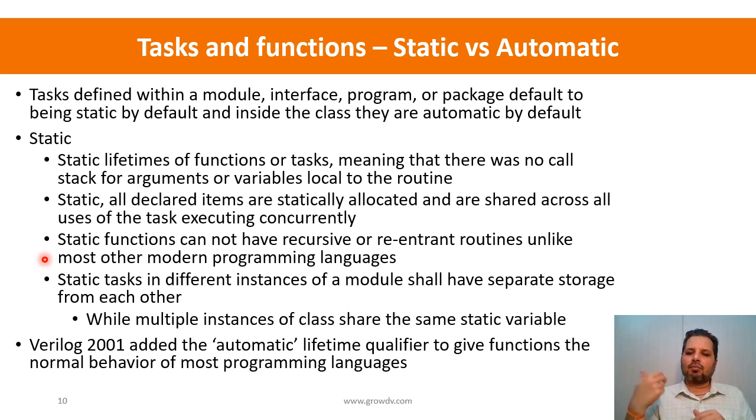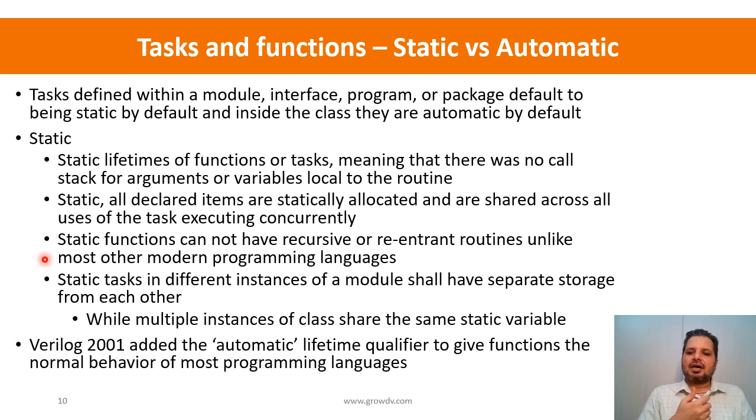That is the normal behavior which is expected. So from Verilog 2001 onwards, with the automatic qualifier, functions can be equivalent to your C programming function, and they can be used for recursion, provided you use the automatic qualifier for the functions, or they are functions present in a class, which are automatic by default.